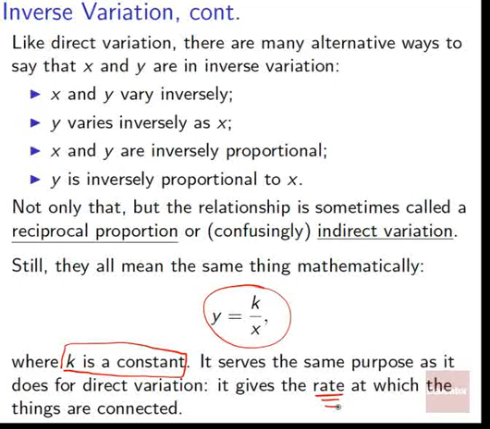They went at different speeds. The red one grew a lot and the blue one went down a little bit. The red one went down a lot and the blue one went up a little bit, so we've got that same rate thing going on, this k. And if we wanted to, we could also see this as y equals k times 1 over x. That would be perfectly reasonable as well, but I prefer k over x just because it seems a little more compact. They're really just equivalent statements.